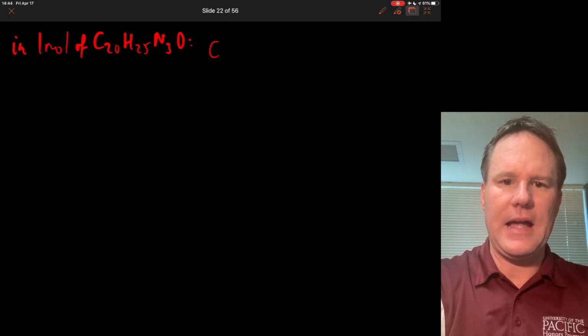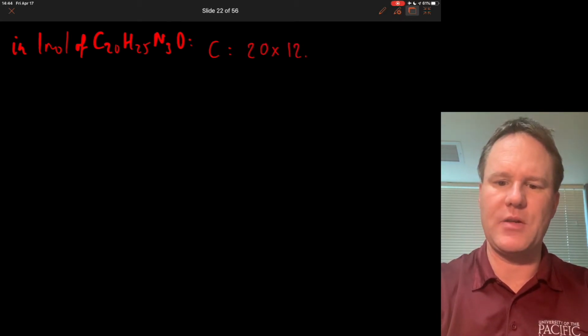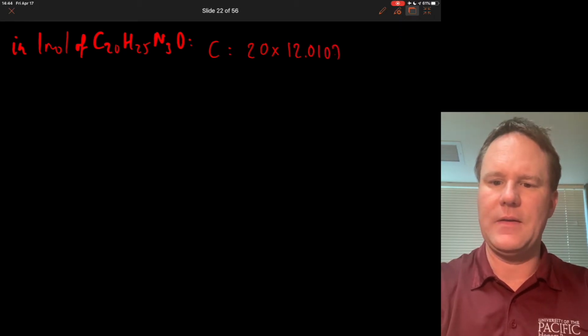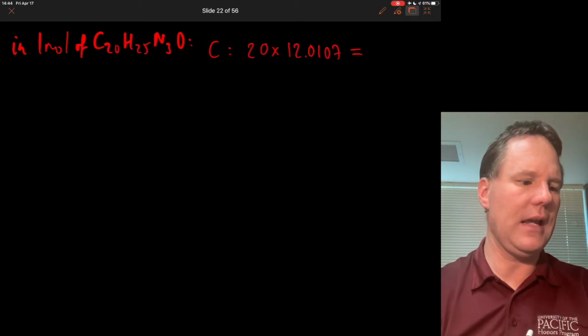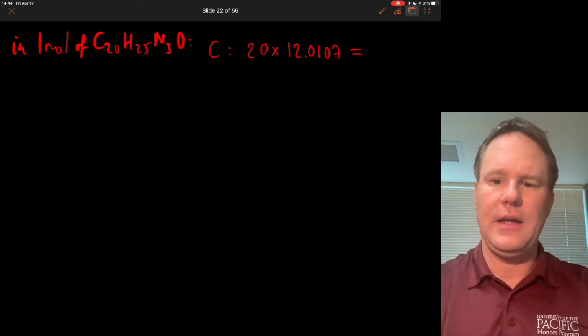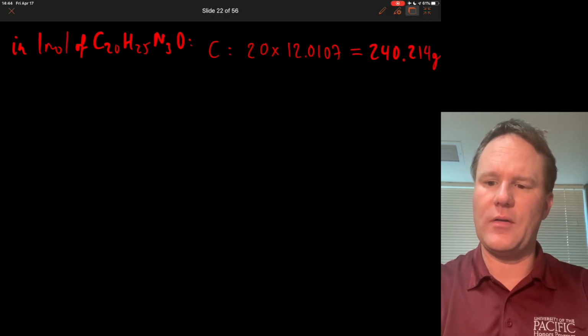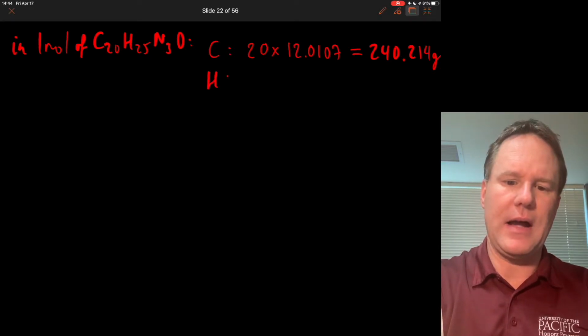Well, we have 20 carbon atoms, so it's 20 times its molar mass, which happens to be 12.0107, and that adds up to 240.214 grams of carbon. Hydrogen, I have 25 of it.